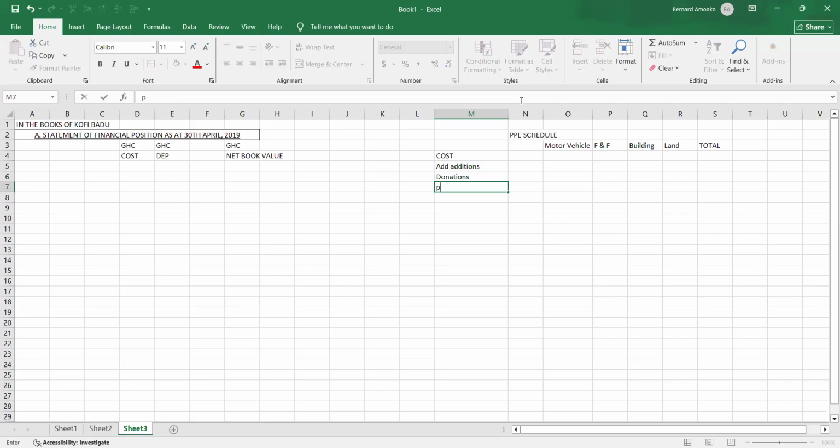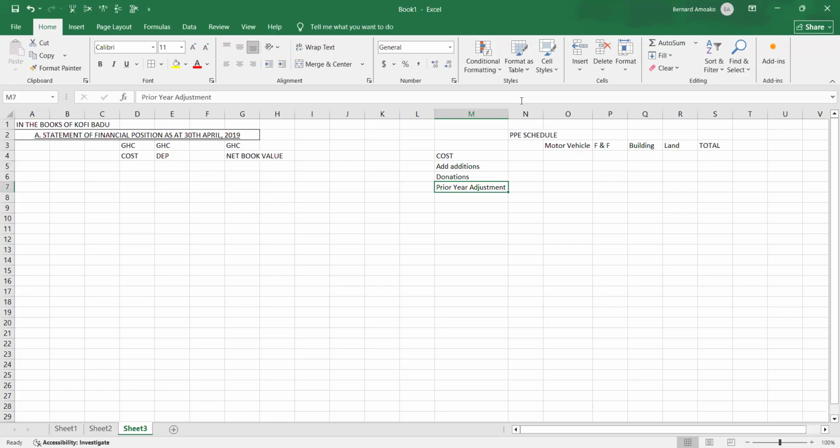And then you come and do what we call prior year adjustment. Now, this is basically going to talk about maybe during the year you bought an asset, but it was recorded as an expense. And then you are going to do the adjustment. You are going to return it back into the asset account. This is where it comes.